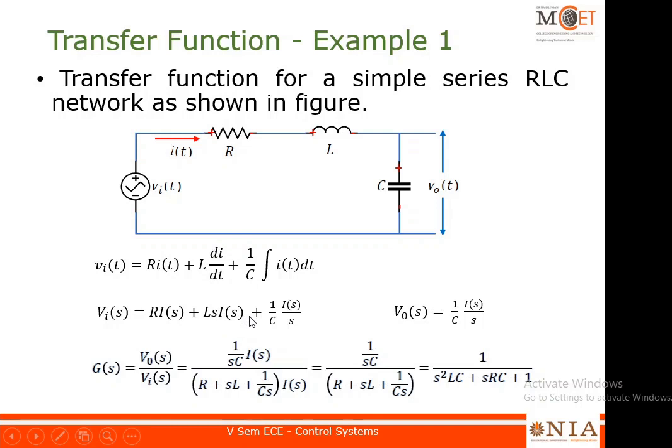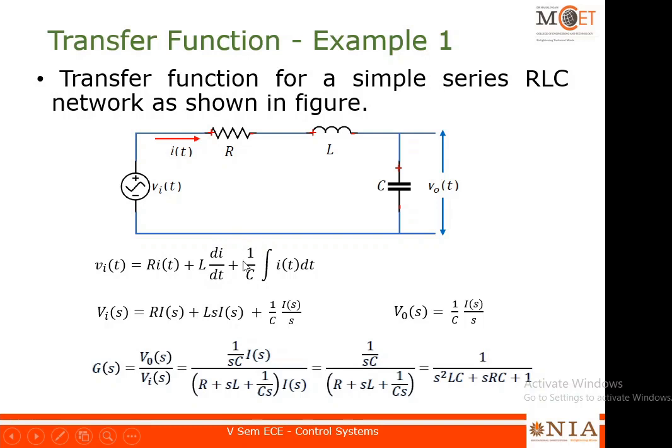But here we have not considered the I of 0 because we are assuming 0 initial conditions. 0 initial conditions means that there is no initial current through this inductor. There is no energy initially stored in this inductor. So that is the meaning of 0 initial condition. So we have neglected I of 0. So just after taking Laplace transformation on di by dt, you get S into capital I of S.